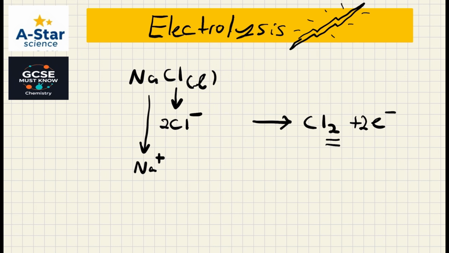For sodium, the sodium plus becomes sodium solid. That's a positively charged cation becomes a neutral sodium atom. Well, how does positive 1 become neutral? We need to add 1 electron, and that's done. The half equation is done for that.